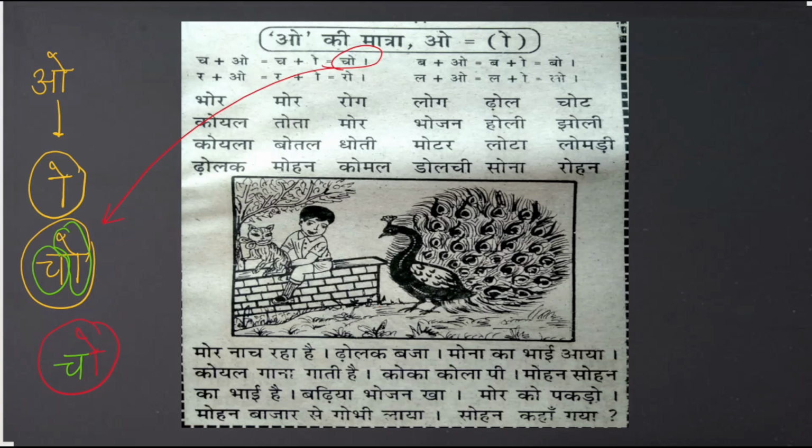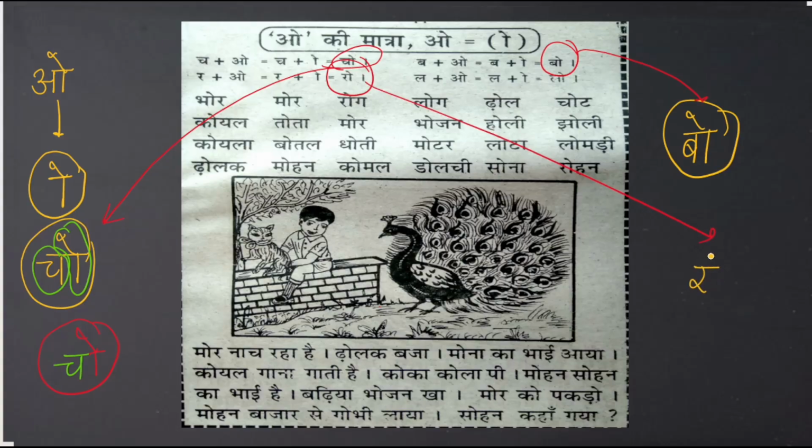Let's take this one. This is letter ba, and after applying the matra of O, now it will be pronounced like bo. This is ra, and this is the matra of O. Now it will be pronounced like ro.